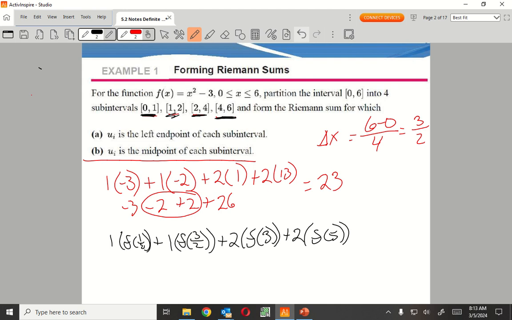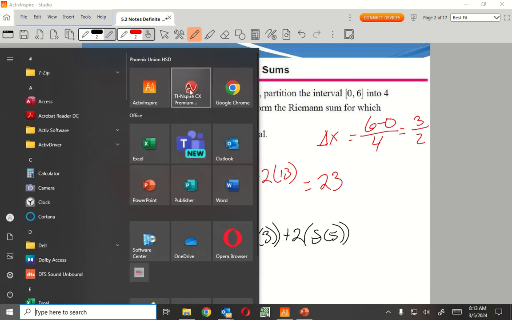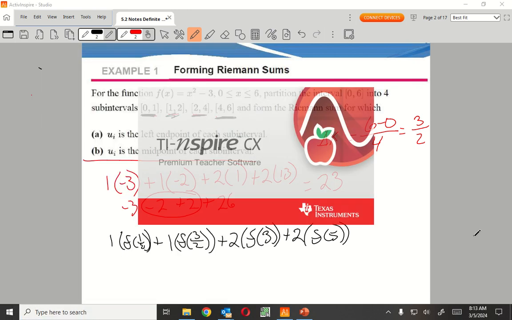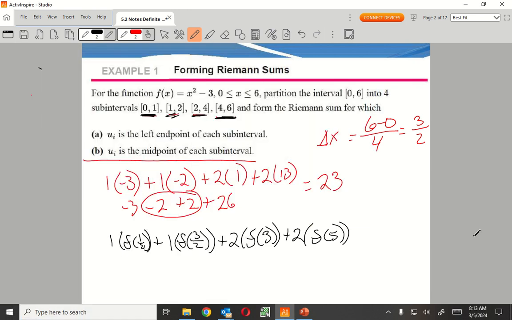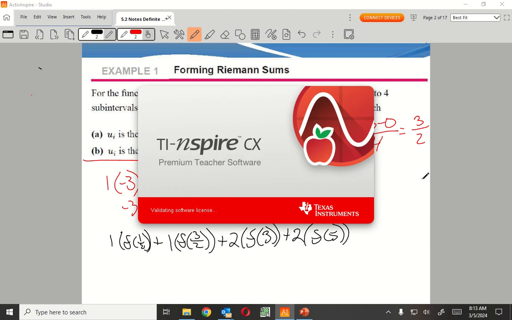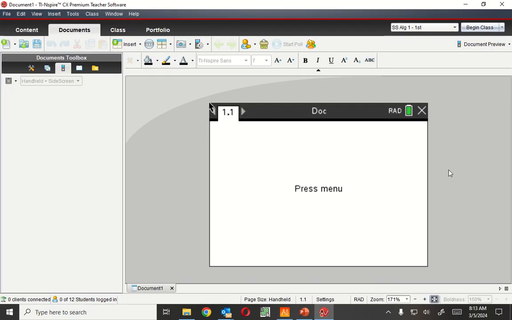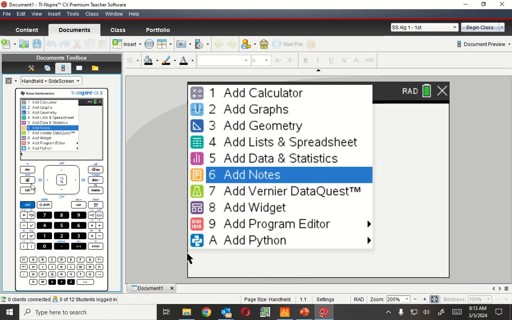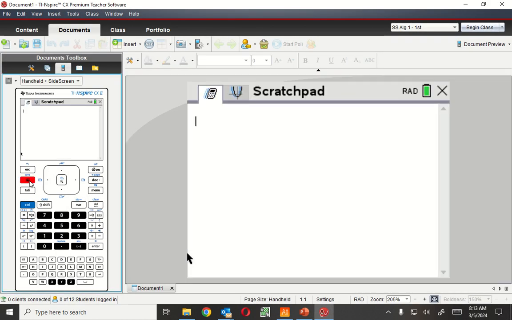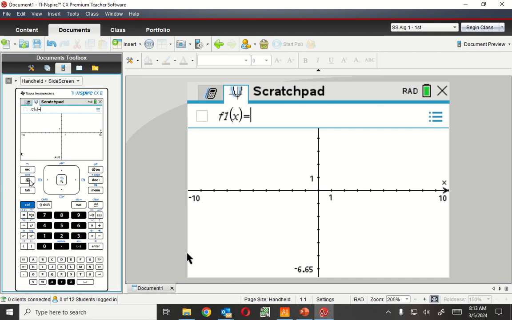Now, here's a neat trick I'm going to show you with the calculator. Because the calculators are your friend, the more that you learn how to use it, the better you will be in life. All right, I'm going to go to the graph and I'm going to put in my function.